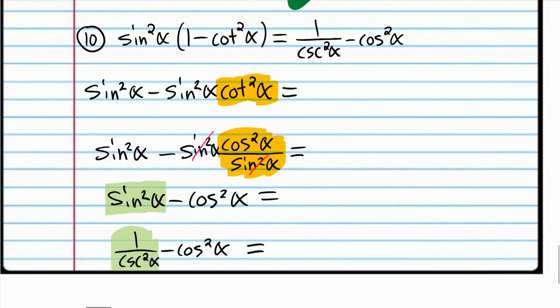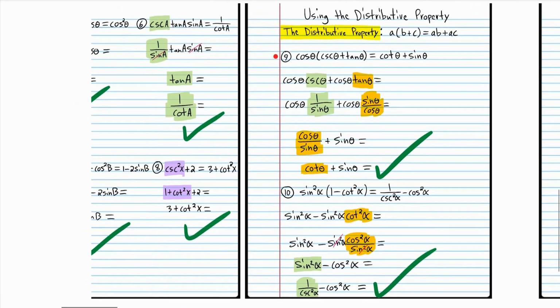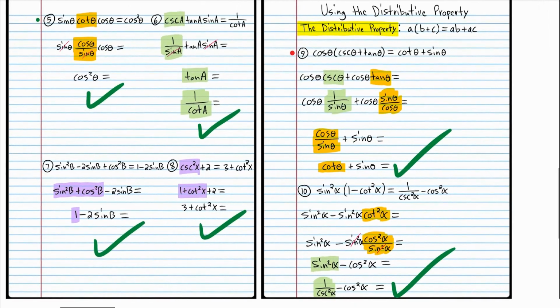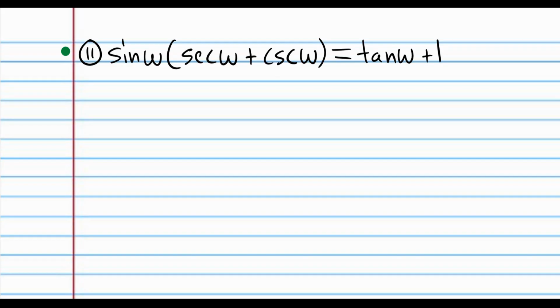So we proved that the left side of the equation is equal to the right side of the equation. So go ahead and take pictures of number 9 and number 10. And you're going to use 9 and 10 to help you do number 11. So go ahead and try number 11. And when you come back, we'll do it together.